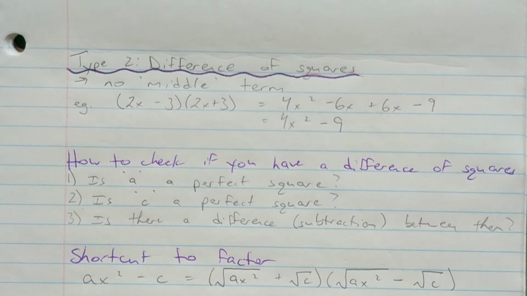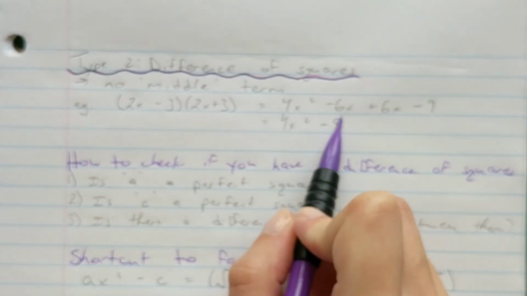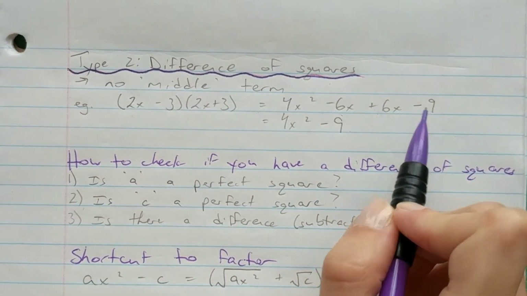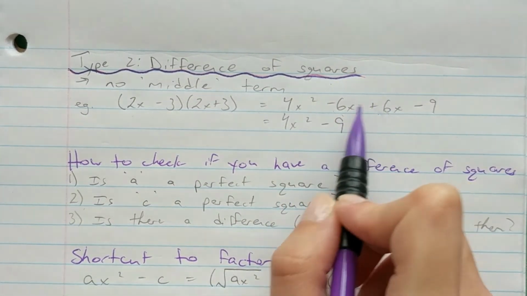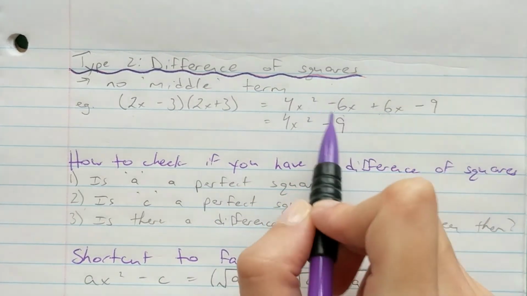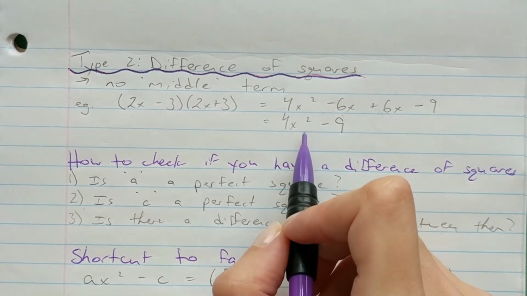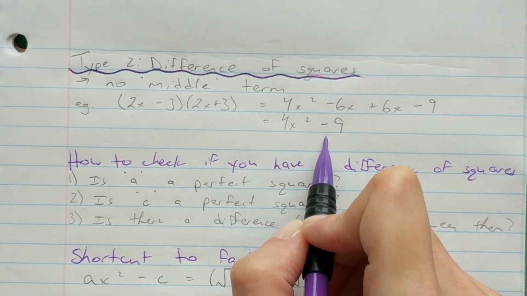If I expand that, I get 4x squared minus 6x plus 6x minus 9. We can see here that we have a negative 6x and a positive 6x. Those cancel out, so there's no middle term, it's a middle term of 0. They cancel each other out, and so we are left with 4x squared minus 9.